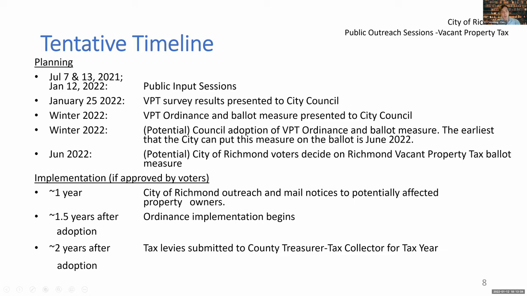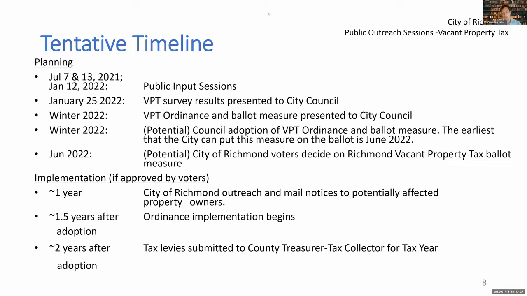The timeline of the project is in front of you on the screen. Basically, input sessions have been held over the past 6 months. The survey results are potentially to be presented to the Richmond City Council later this month, on January the 25th.